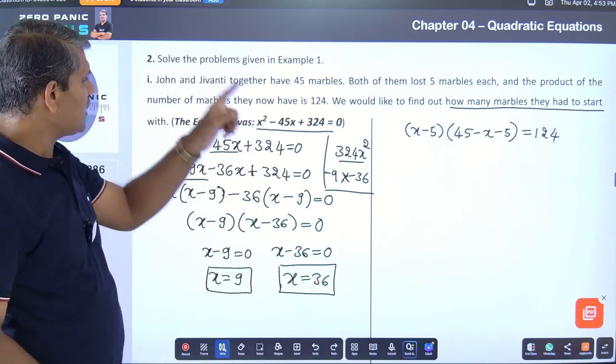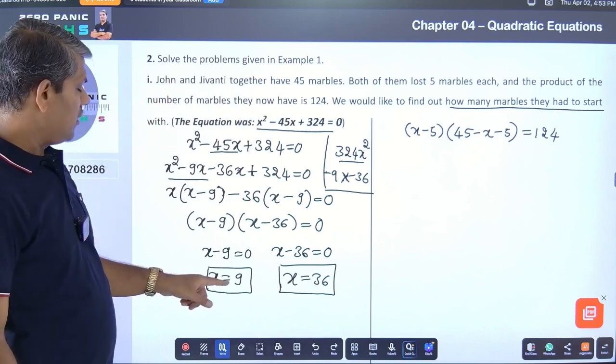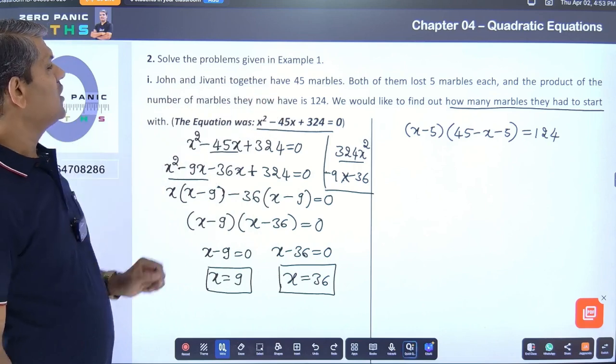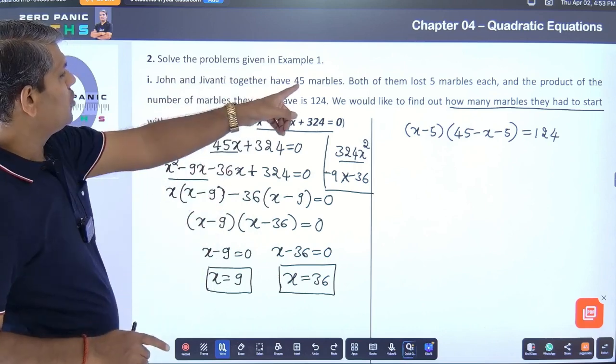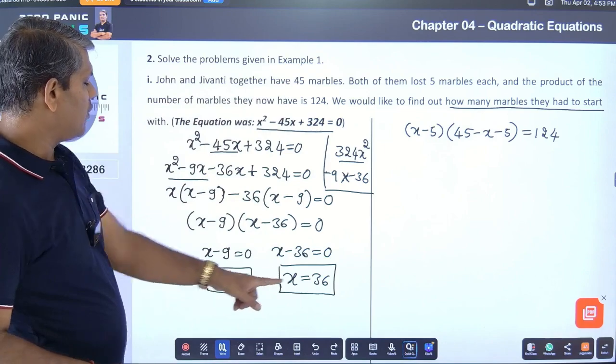If you put 36 as the marbles with John, 9 will be the marbles with Jivanti, because together they have 45 marbles.